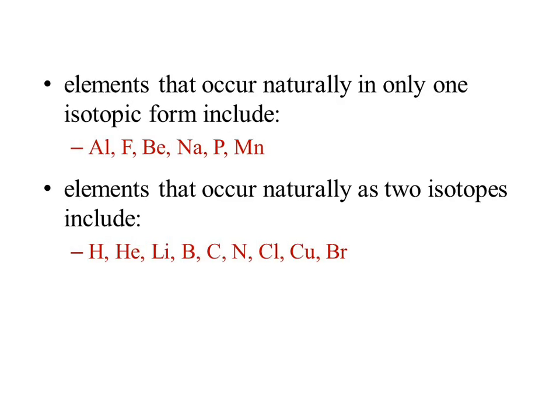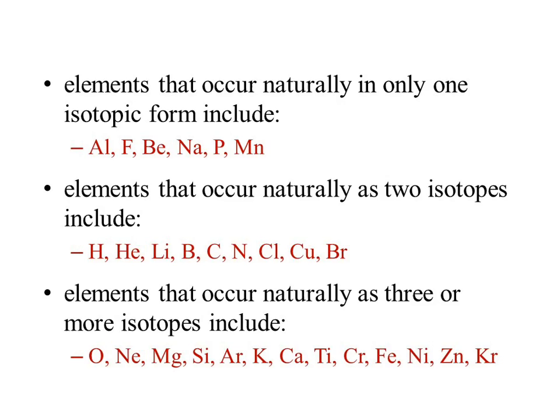There's all sorts of different tables out there. Okay, these have three isotopic forms, and those have two isotopic forms. These have three or more different versions that these atoms could be, different numbers of neutrons in their nuclei. Okay, so the mass numbers of these would differ from their counterparts.